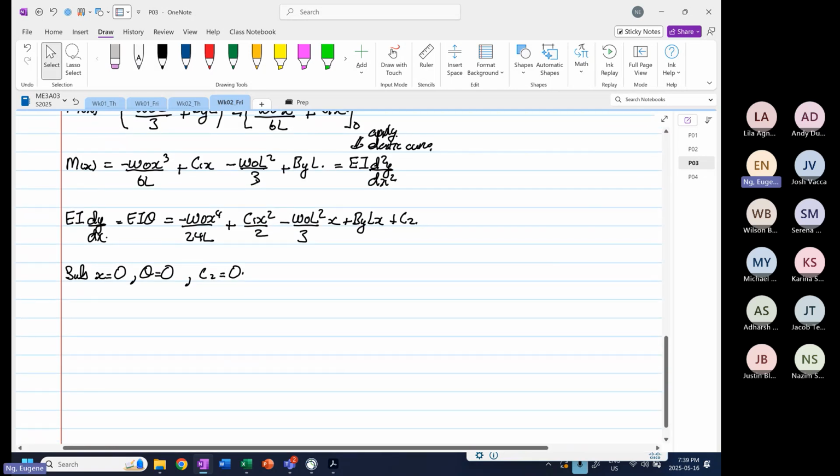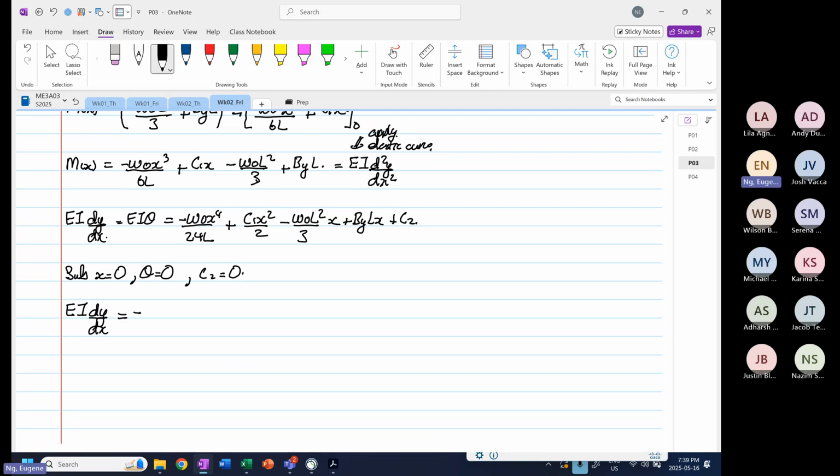Okay, so therefore, dy by dx will be equal to minus omega naught x to the 4 over 24L plus C1 x squared over 2 minus omega naught L squared x over 3 plus ByLx. Okay. Now if you look, oh man, one equation, two unknowns. We have C1, we have By.